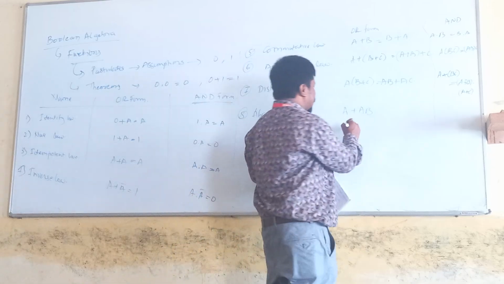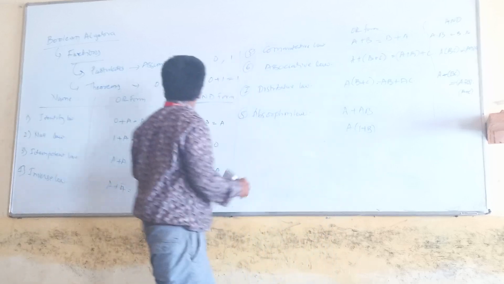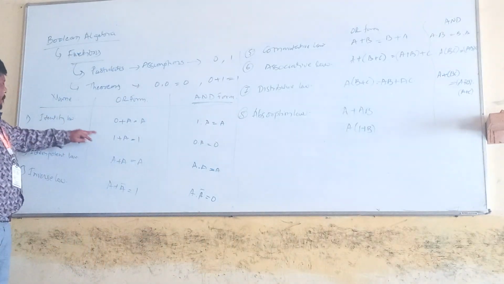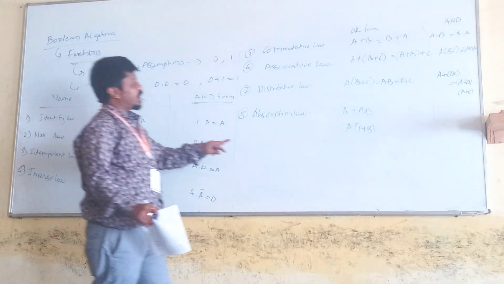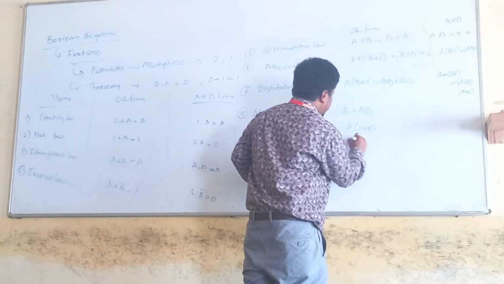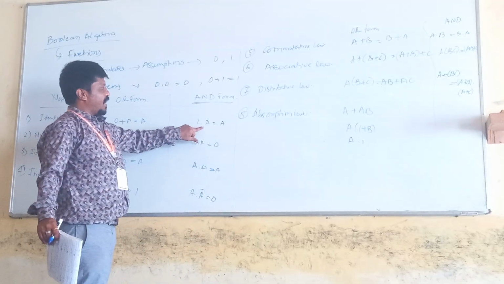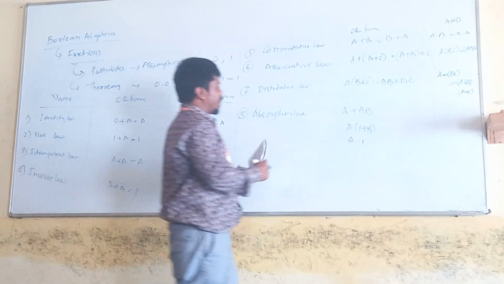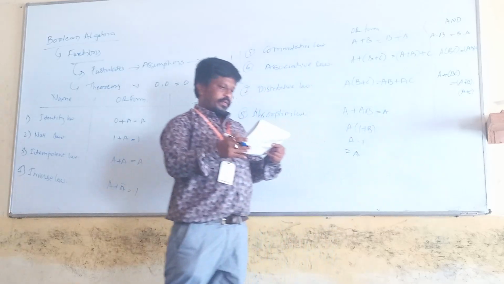I can also write it as a of 1 plus b. 1 plus b is what? 1. So a dot 1 is a only. Then the output is a only.